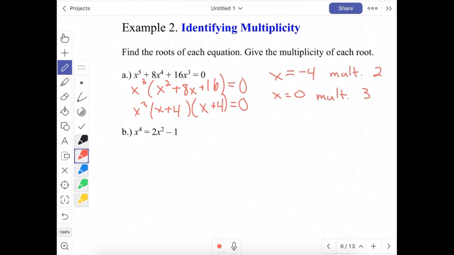Okay? And then that next one, we want to make sure that we have everything set equal to 0 again. So we have x to the 4th minus 2x squared plus 1 equals 0. Well, this might look difficult, but it's still set up like a perfect square. So if we break this down, we would have x squared and x squared, or we could have x cubed and x, but that really wouldn't work out.